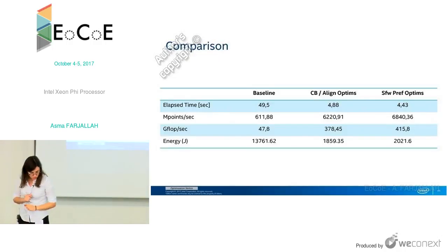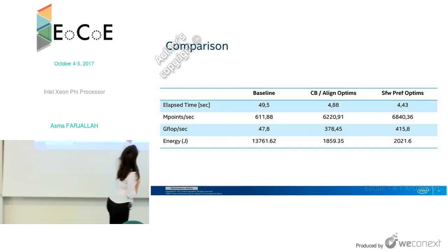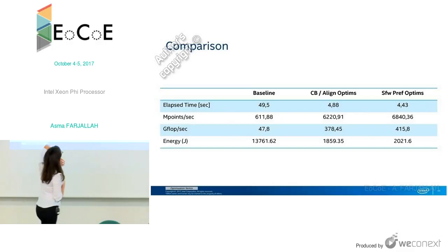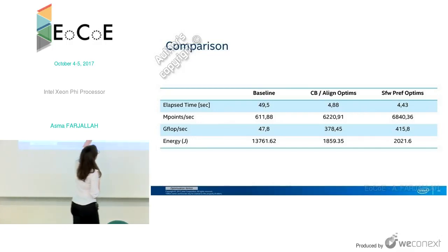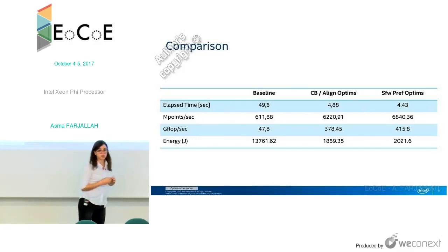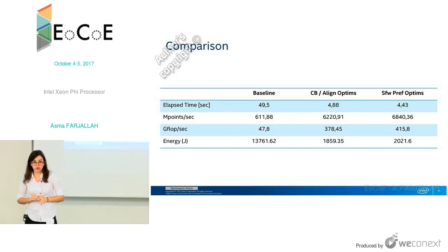Just to visualize the performance, we have almost a 10 times speedup in terms of elapsed time or gigaflops. And in terms of energy, we divided the energy that we consumed by 7 in this particular case. So performance optimization can also lead to energy reduction for our applications.